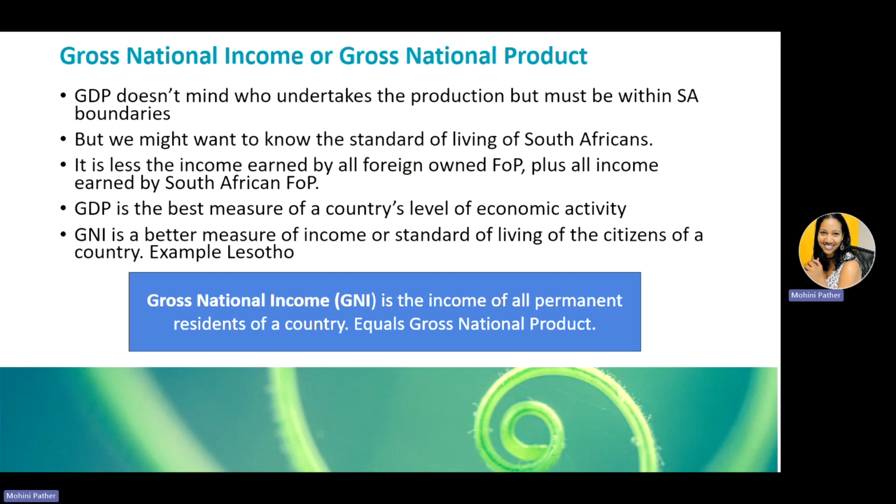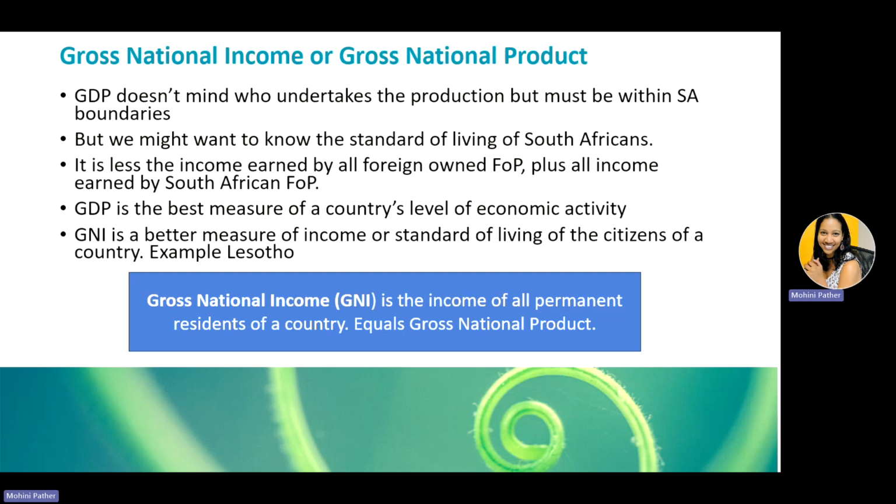So that's why we instead use our gross national income. Now the national part, which is replacing the domestic that you're quite comfortable with, means that we are looking at everyone who is a South African citizen living anywhere in the world. So nationally, internationally, you are a national citizen, but not necessarily living here.